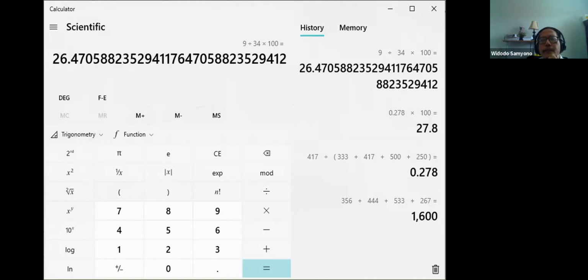So you got 26.4705888 and so on. But now you need to answer as a percent rounded to one decimal place. So your answer will be 26.5, because you have 4 and then 7, so you need to round that to 5.